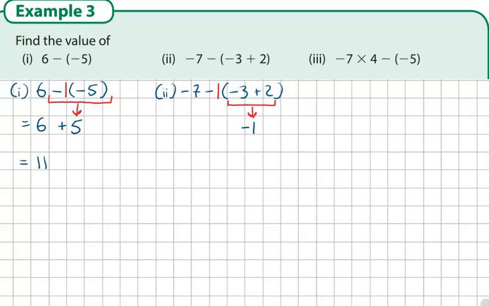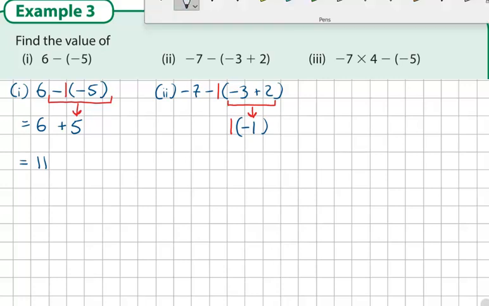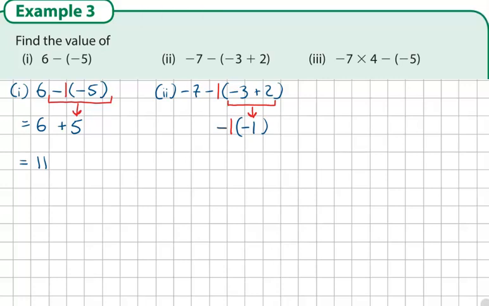Because when we're adding or subtracting integers, different signs, we subtract and keep the sign of the bigger number. So we're going to put brackets around the minus 1, and then we're going to bring everything else down. So I have minus 7 minus 1 multiplied by minus 1.